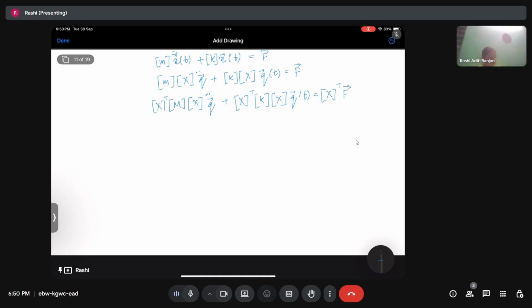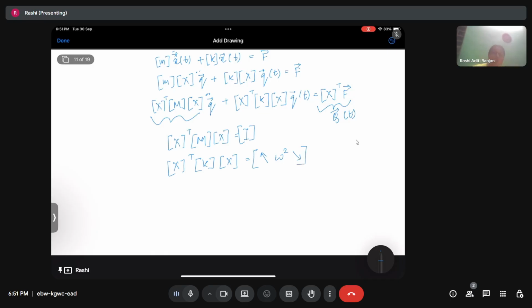Now, if you look over here, we can just say that this is a generalized force vector, right? And we can see that X transpose into m into X is nothing but an identity matrix. And X transpose k X is nothing but a diagonal matrix with its diagonal elements equal to omega square, where omega is the natural frequency of the system.